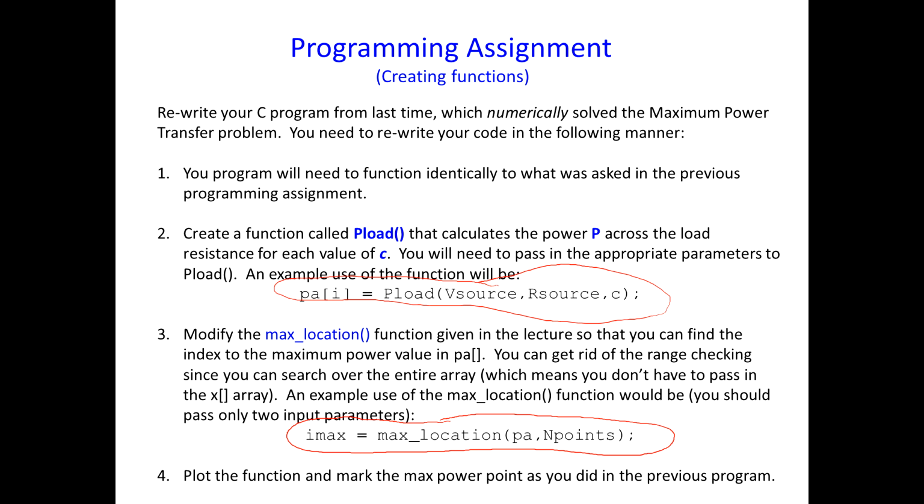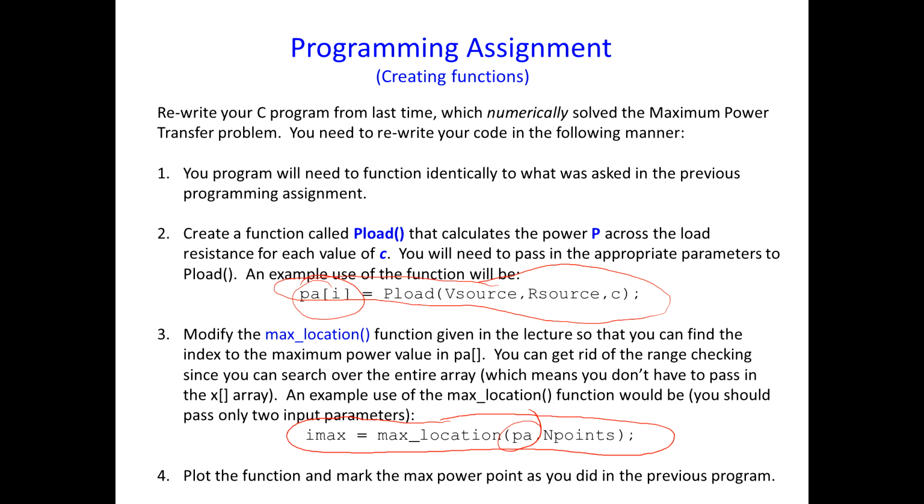You only need to pass in this power array that you're creating, give it the number of points, and then return the index where this occurred, and then use this to find the actual location and plot as you did.